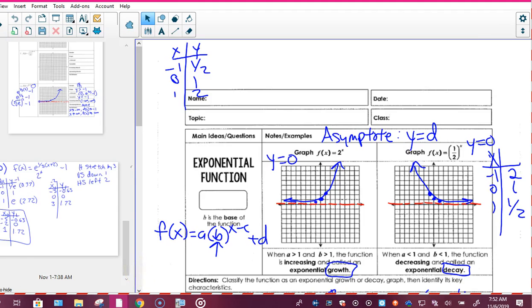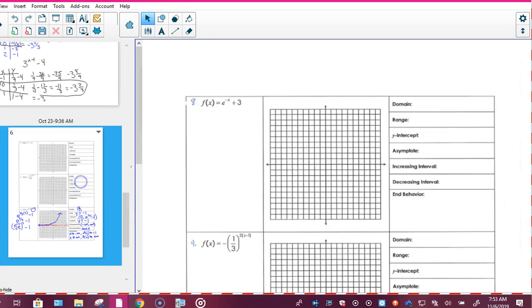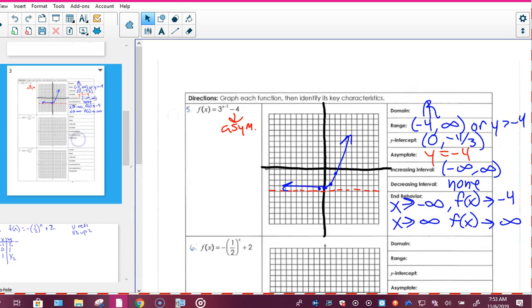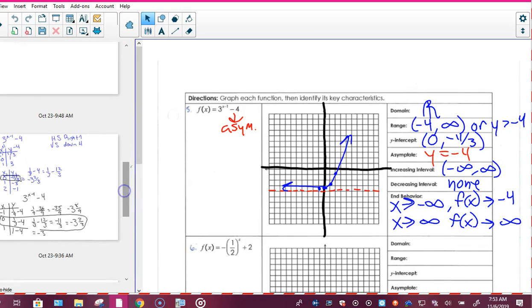Take out these notes. We're going to go back to this one last time. The last time I saw you, I told you to try the remaining 4 left over, so that was 6 through 9.